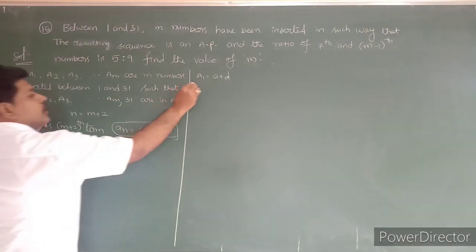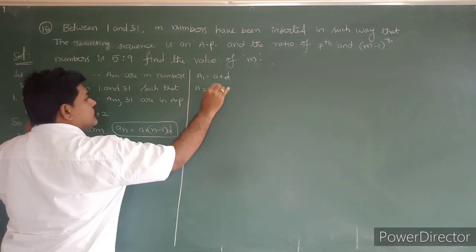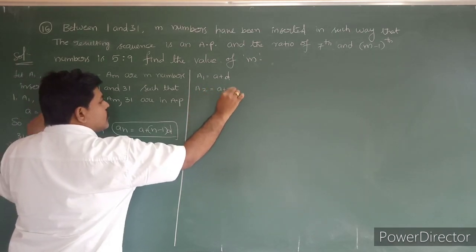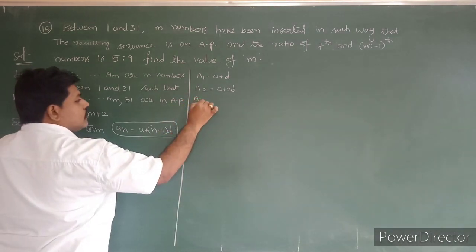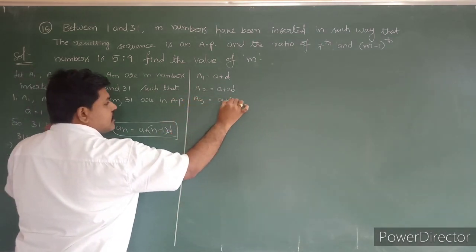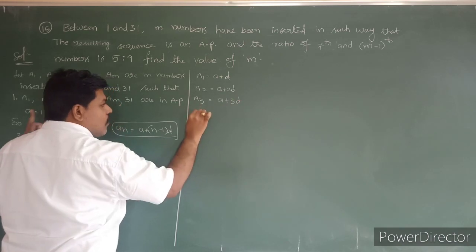What is a2? a2 is equal to a plus 2d. What is a3? a3 is equal to a plus 3d, and so on.